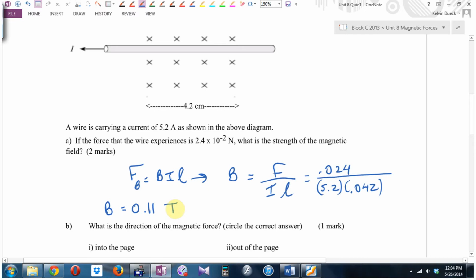Okay. Otherwise, I would probably go, 1 mark for that, half mark for the numbers, half mark for the answers, or something like that. 0.11 Teslas, fairly big.